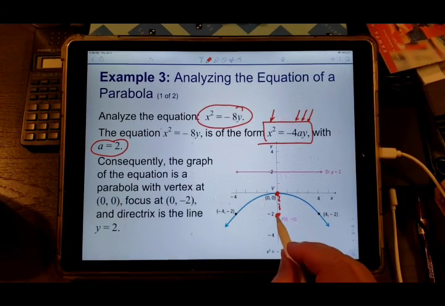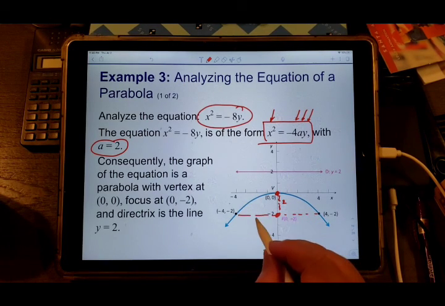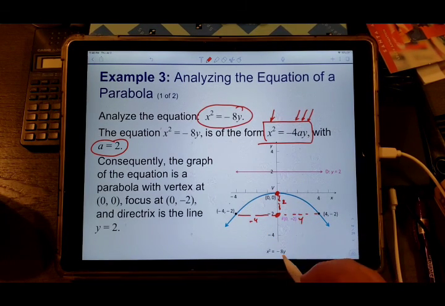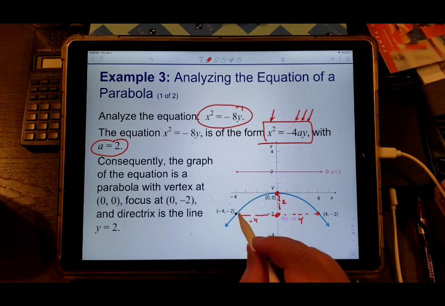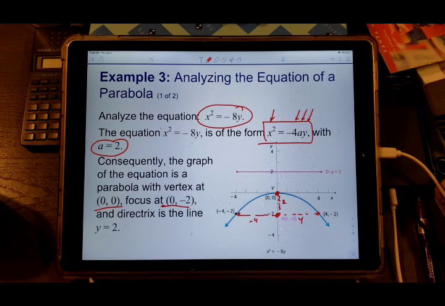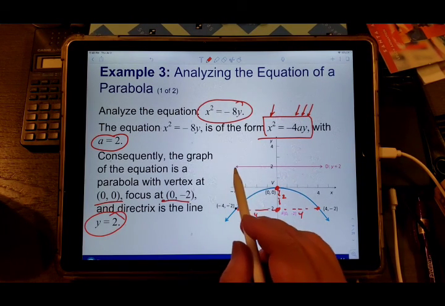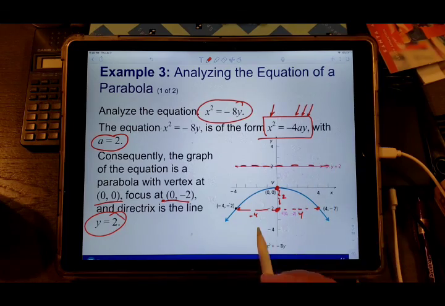That allows me to go 4, if I go 2 this way, I've got to go 4 this way and 4 that way to find these other points, the endpoints of the, no, not there yet. To find these other points, I don't know why they haven't mentioned that yet. They did mention the directrix. It's up here.